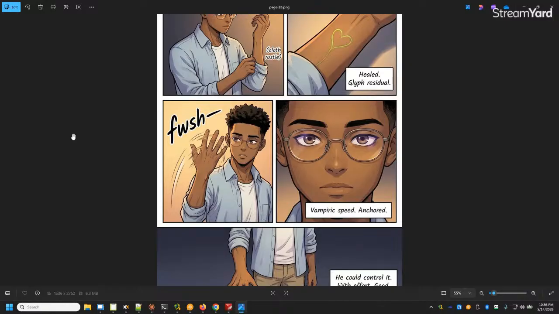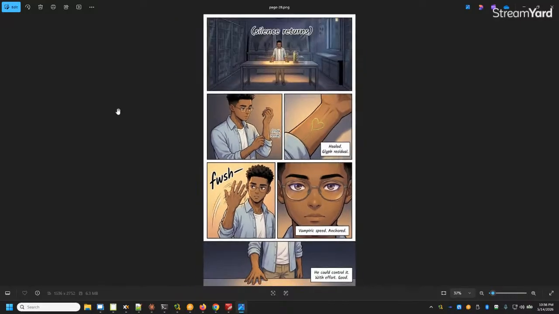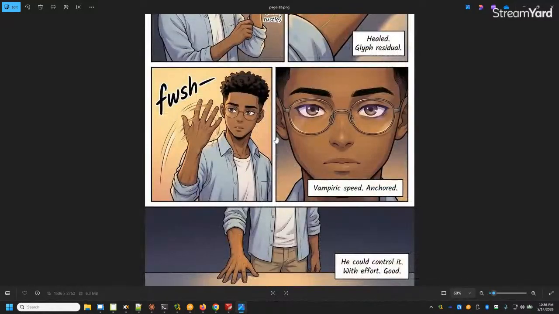But the speed, the agility, super strength, all of that he keeps, right. So now he naturally has become like a fighter type of build. He could control it with effort.